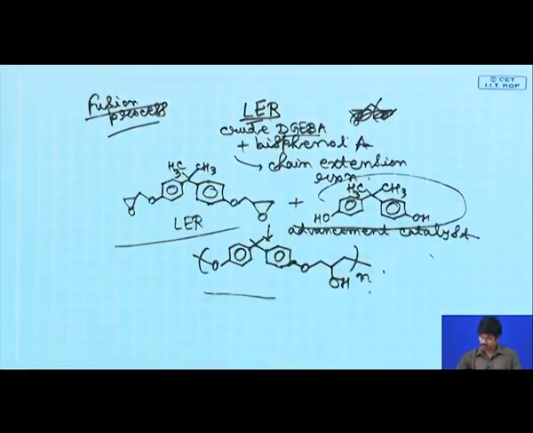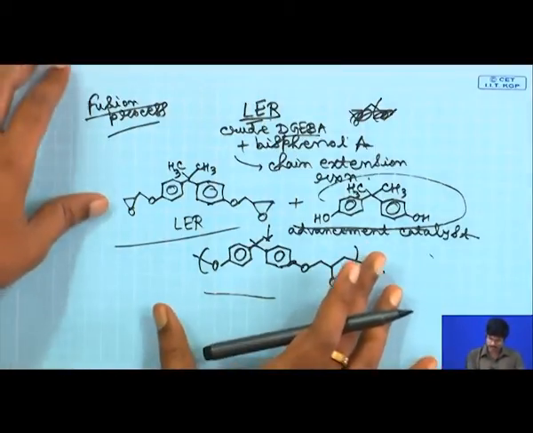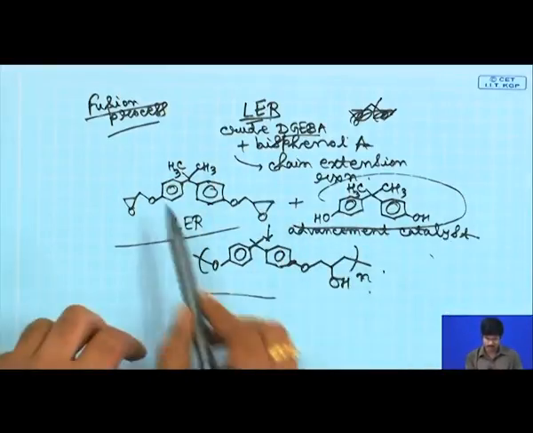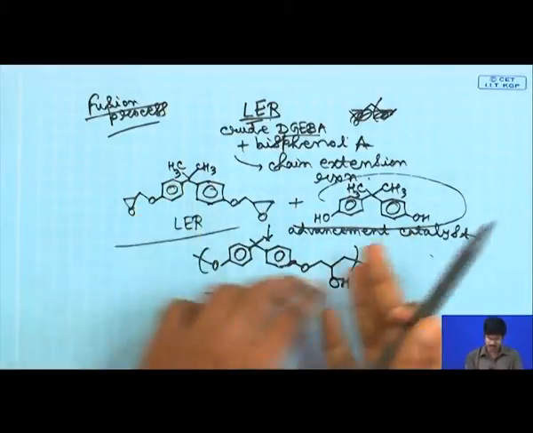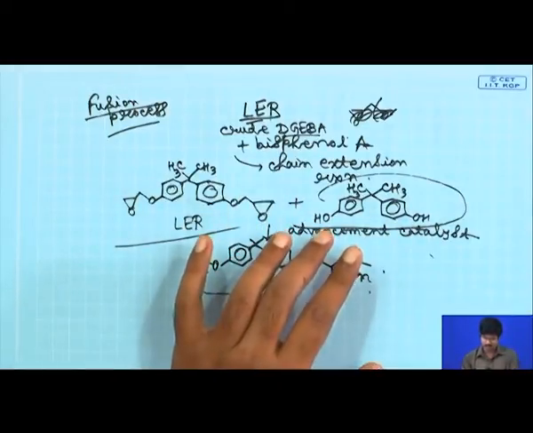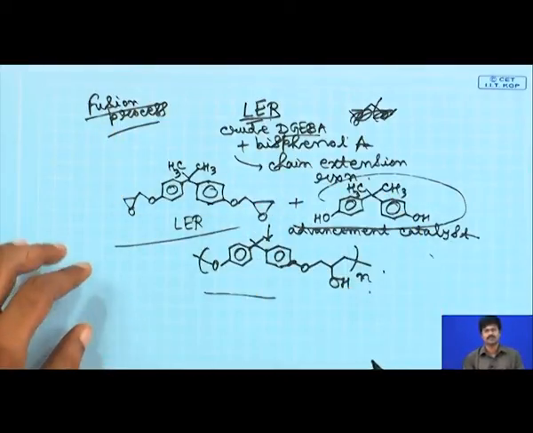So, if you are looking at this process a little more closely, how much relative amount of bisphenol A we have to use with the liquid epoxy resin to react, in order to get a predetermined epoxy equivalent weight of the solid epoxy resin.